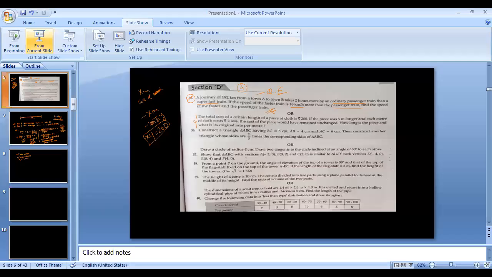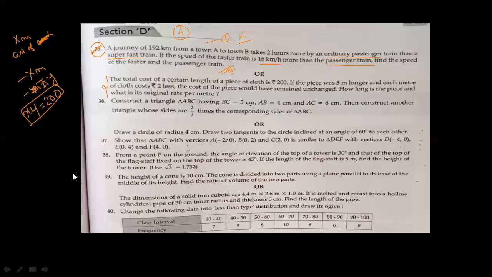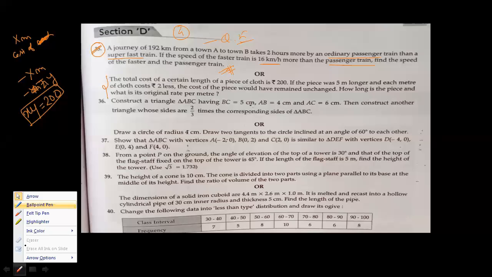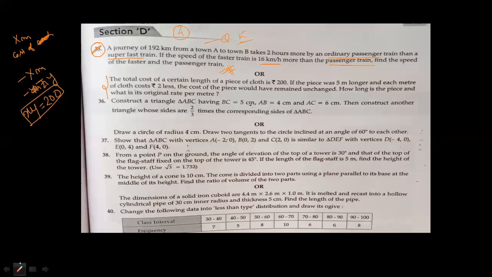Now see, suppose the length of the piece of cloth is x meter.